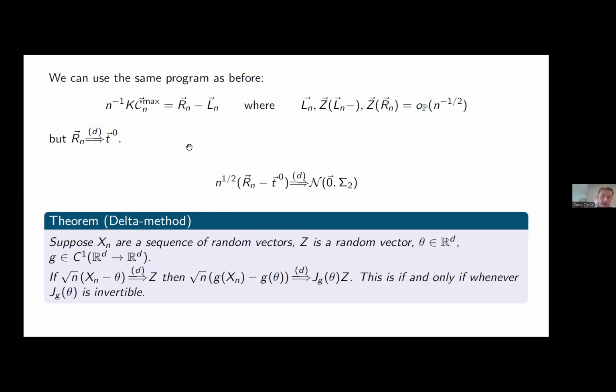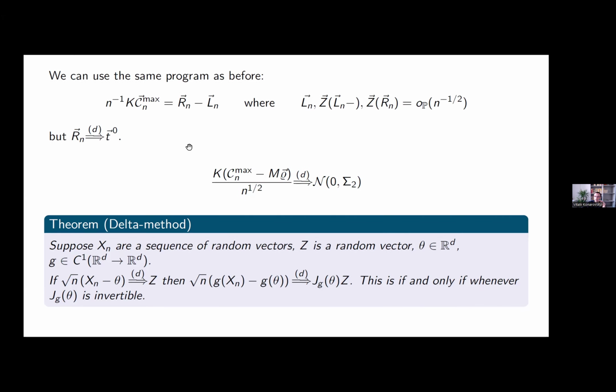But actually, you don't need constants. You just need how fast it converges, how fast the other terms converge. Yeah. So I think you could use the KMT theorem, the Komlós, Major, and Tusnády theorem.